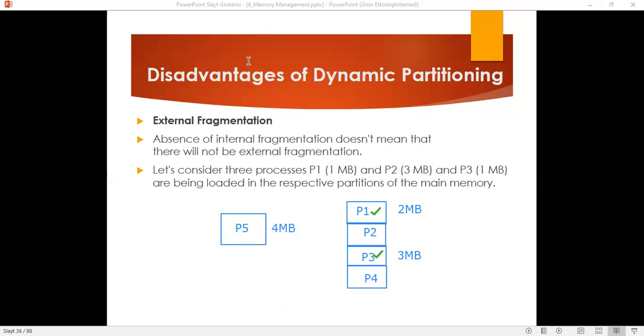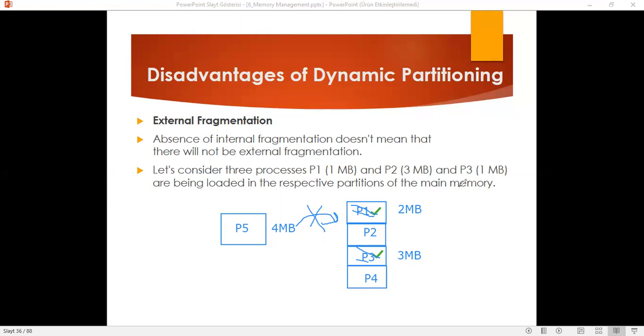Now I can't put it, because these are released and empty, and totally 5 megabytes of empty space, but here I have 2, here I have 3. They should be one after the other. So this is the disadvantage of dynamic partitioning, external fragmentation.